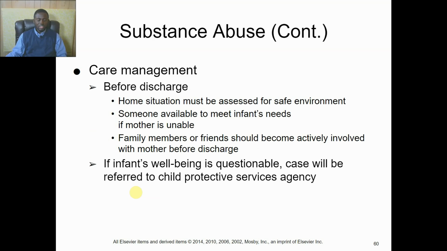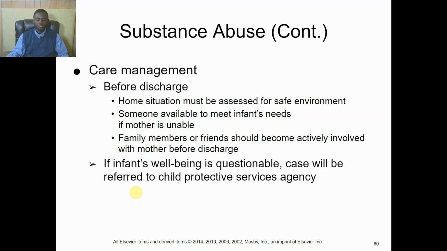Before discharging the client who has a history of substance abuse, you will have to assess the home situation and see if the home is a safe environment for both the mother and also the child. And then you have to note if there is someone available to meet the infant's needs if the mother is unable. So do they have a partner?